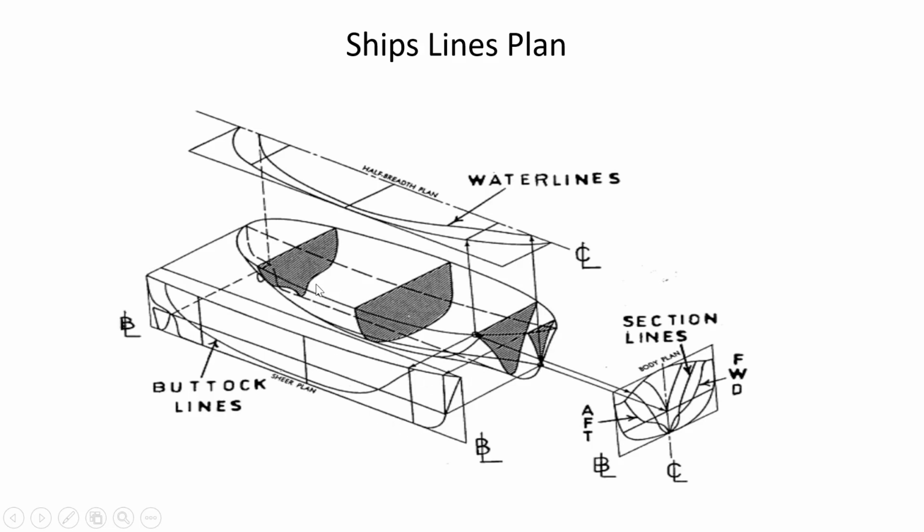And also, if you are cutting the ship along the X and Y plane, you can find the water lines, and the shape of the water line will be coming like this. And all these three planes, since it is a 3D object, we are dividing that 3D object into 2D, and we are combining them together to form the 3D object.